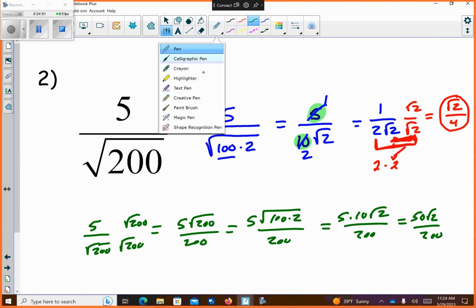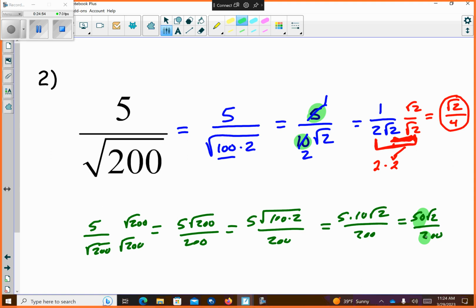So I could have done it this way as well, where those reduce, and then that gives me root 2 over 4.